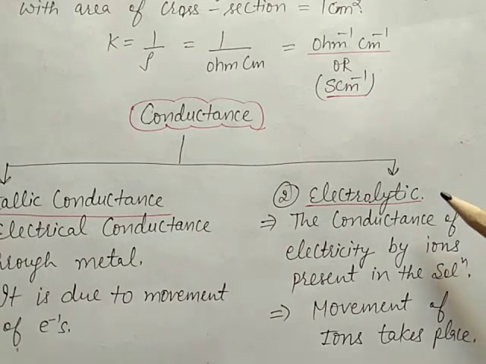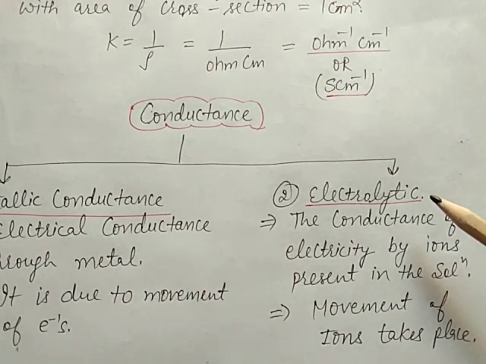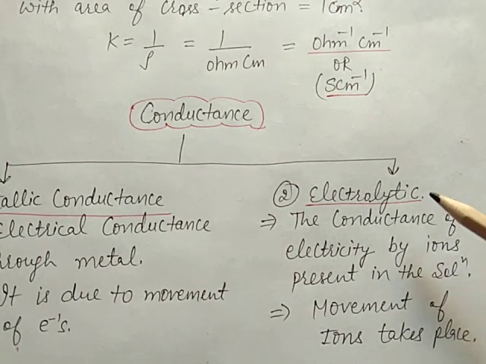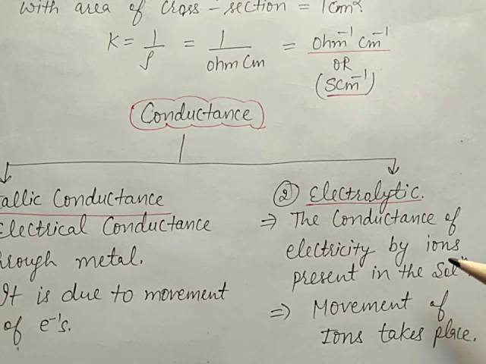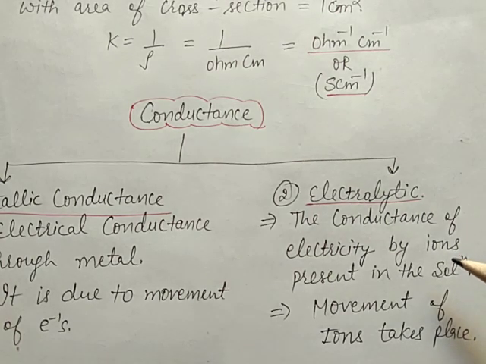because it depends on the movement of electrons. Now the second type is electrolytic conductance. Electrolytic conductance means the conductance of electricity by ions present in the solution. It is also called ionic conductance.